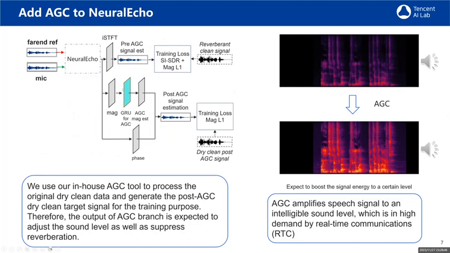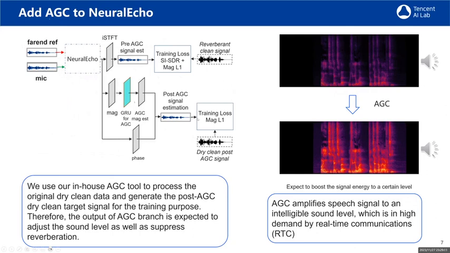AGC branch, we still have the NeuralEcho model here. In the output, we compute a loss function on the pre-AGC branch with the target as a reverberant clean signal. And the output goes to another GRU layer to estimate a post-AGC signal.